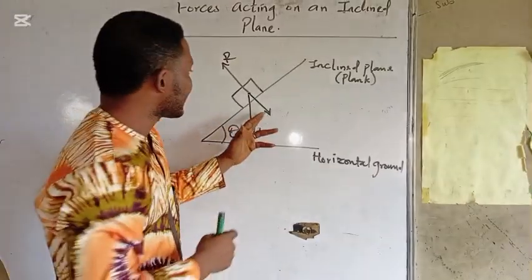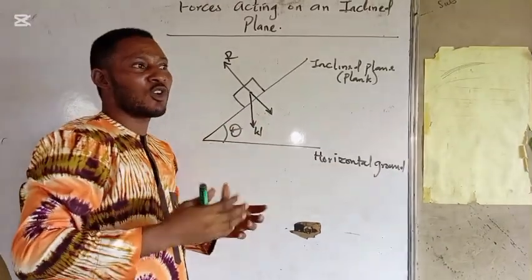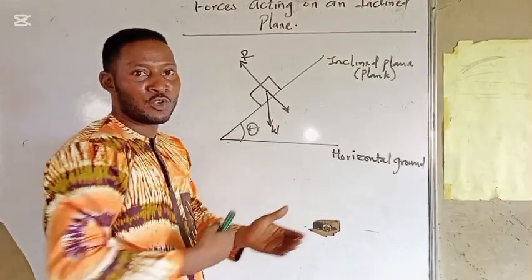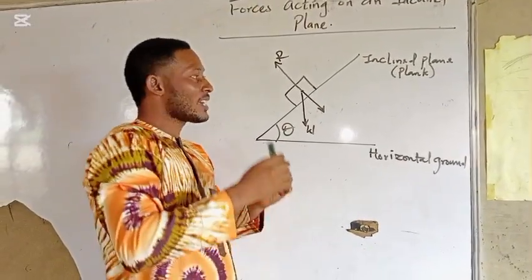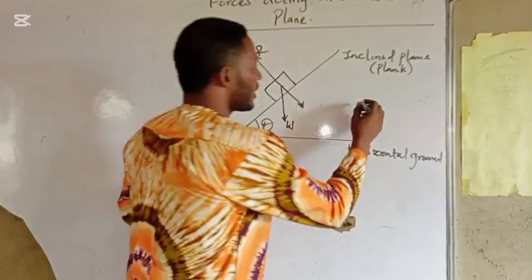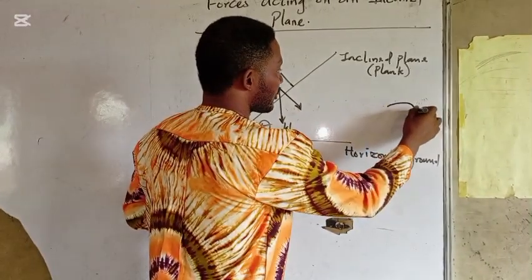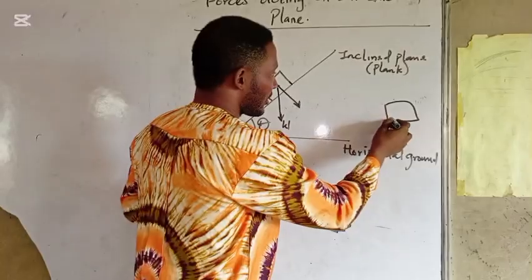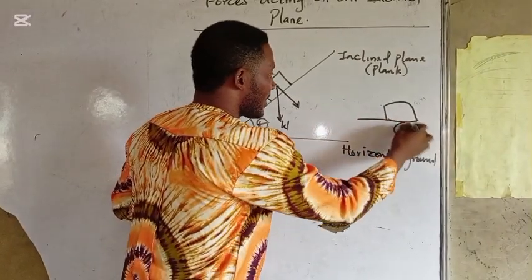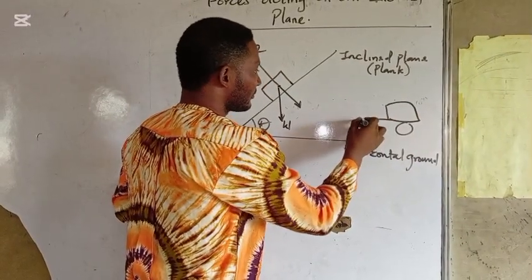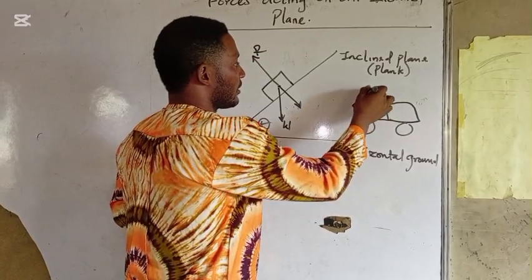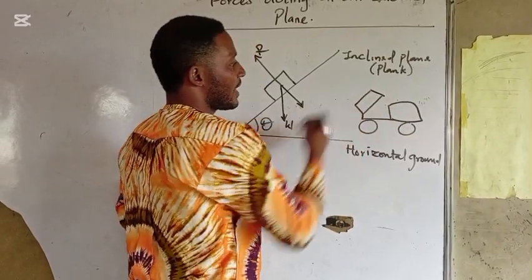For you to understand this case, try to picture a tipper which is ready to offload the sand in it. Let me draw a typical tipper for you. Don't mind my diagram, though; the knowledge is what matters. So let's say this is a tipper which is about to offload the material in it.